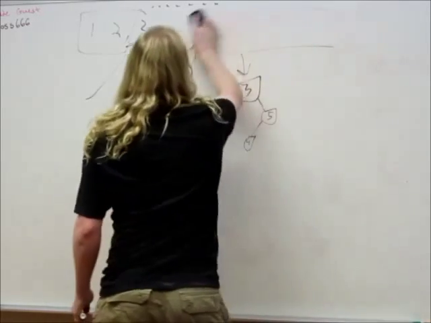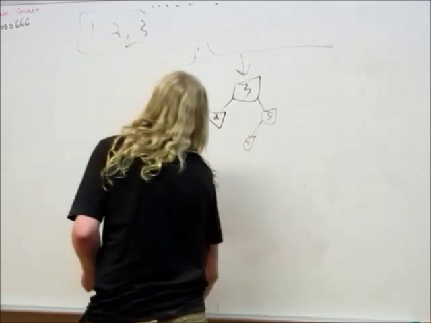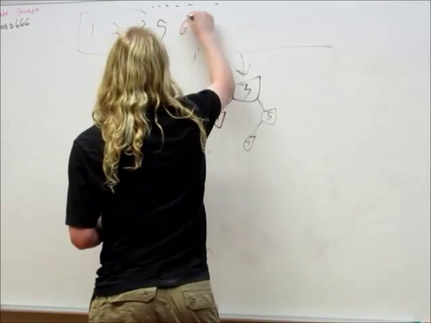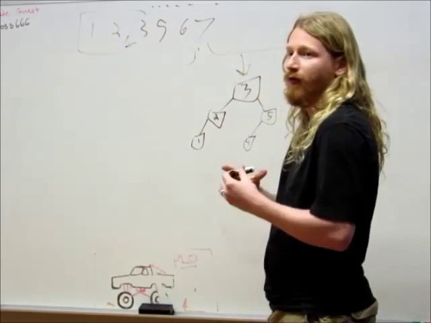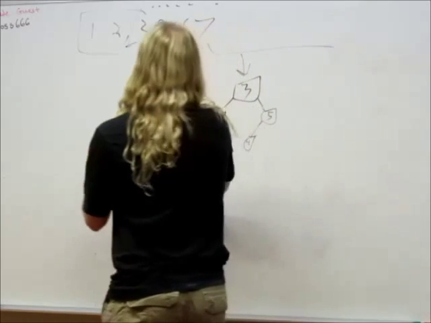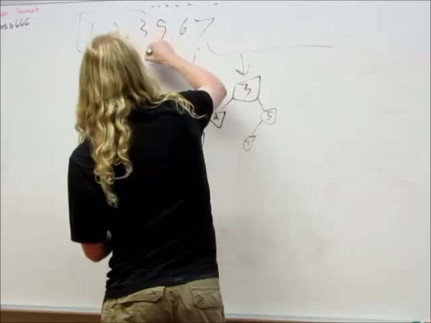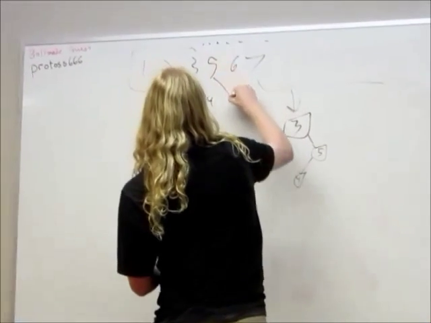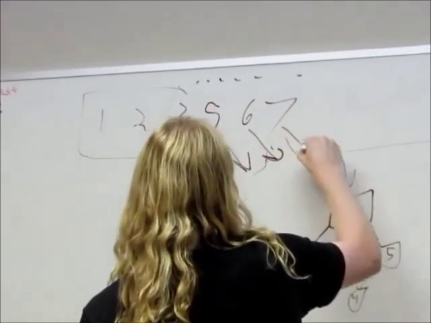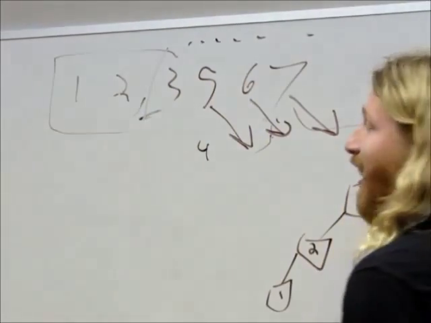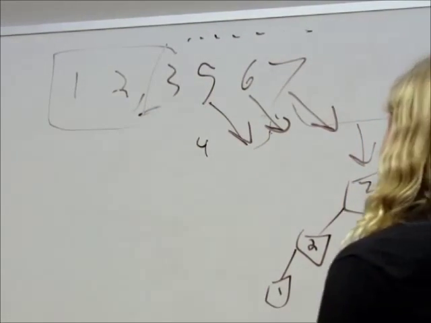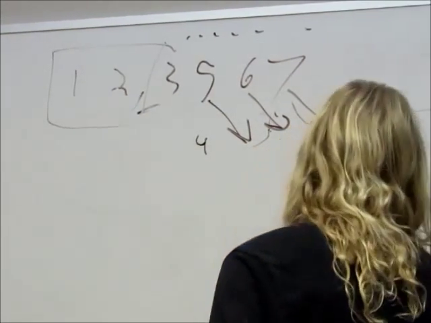If I had 1, 2, 3, 5, 6, 7, and I suddenly wanted to put 4 in there, I'd have to go 1, and then 2, and then 3, and then 4 should go here. So I'll put that down here, and then I'll move 5, and then I'll move 6, and then I'll move 7. And that sucks.